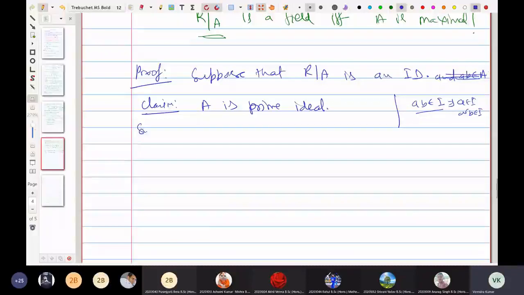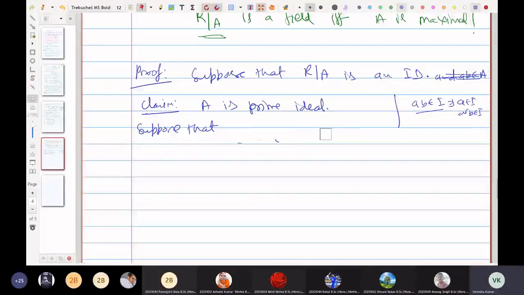Now suppose that a + A and b + A are elements of R/A.